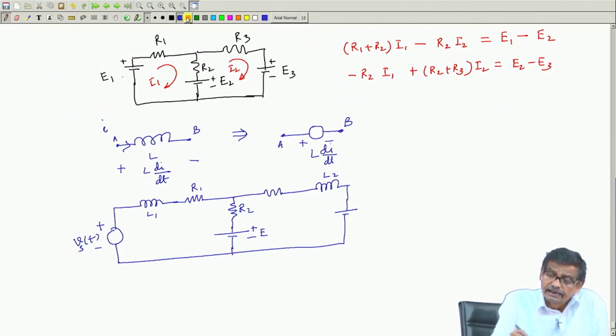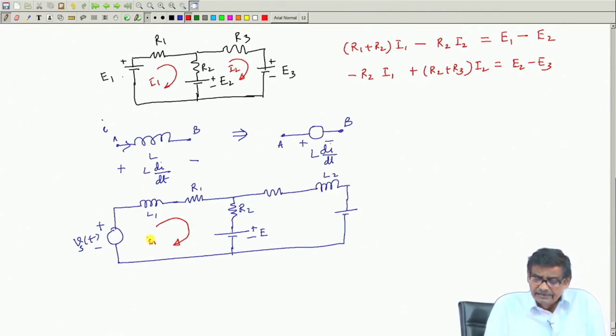First, you assign the mesh currents, and since the source voltage is time varying, the currents in these circuits will also be time varying, and it is customary to represent time varying current with small letters. Generally people write small i1(t) and small i2(t), not capital I1, capital I2. They will be functions of time, because energy storing elements are present.